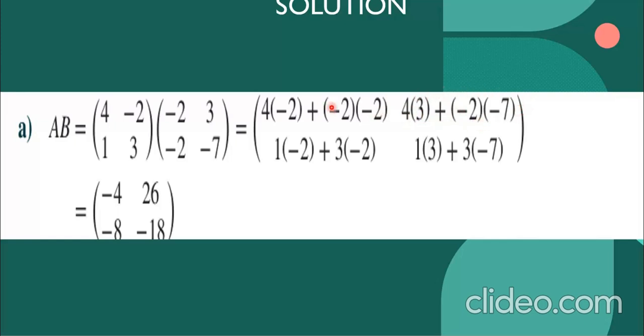Simplification of this will give us 6, 26. When you simplify here, 1 times minus 2 plus 3 times minus 2 is minus 8. 1 times 3 plus 3 times minus 7 is minus 18.